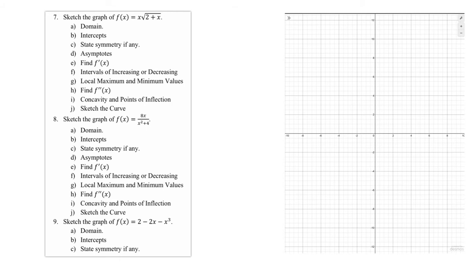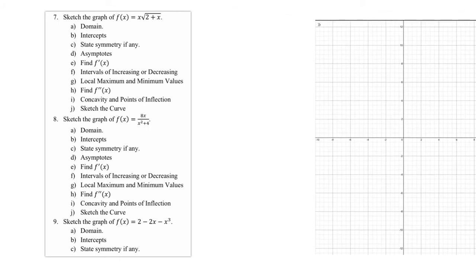One way of immediately seeing what the domain is, is to set that radicand equal to or greater than 0. And in doing so, we'd quickly see that x has to be -2 or greater.